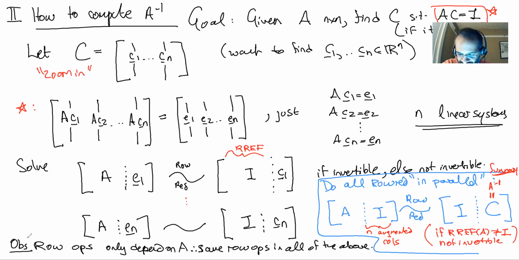When computing the inverse, we by definition only care about the cases when A has n pivots. And that's why the row reduction cannot depend on the right-hand sides, and that's why you can do it in parallel. Okay, thank you. It's a great question.